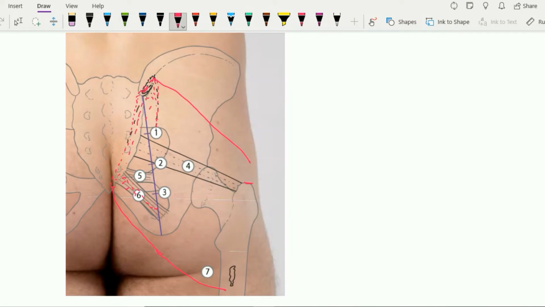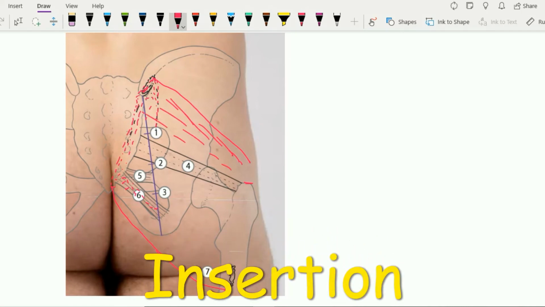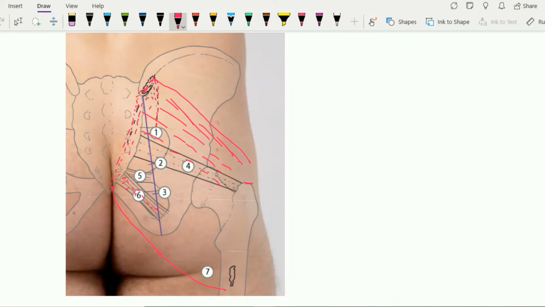Now this gluteus maximus muscle passes downward and laterally and inserts into two areas. 1/4 of the muscle inserts over the gluteal tuberosity, while 3/4 of the muscle inserts over the iliotibial tract.